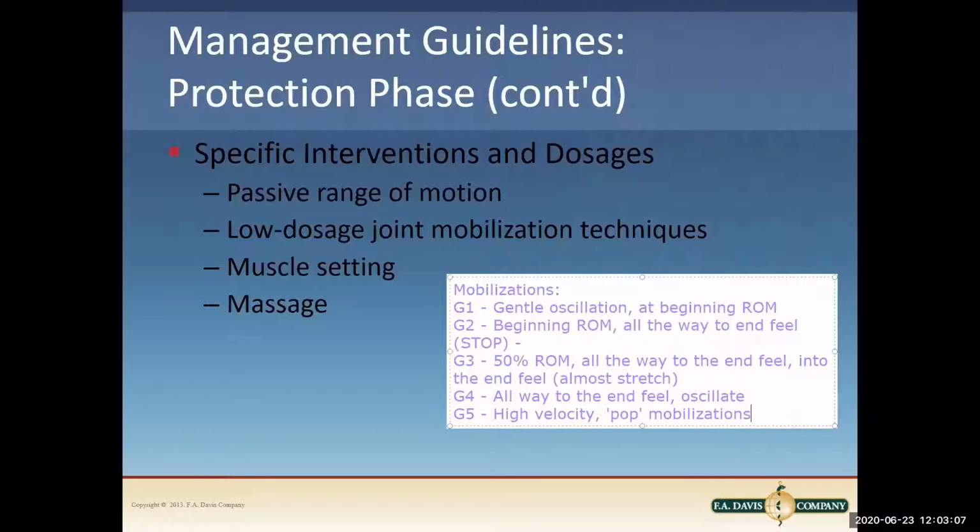Then grade 2s, we go all the way from the beginning to the end, beginning to the end. Grade 3s, we go about halfway into that end feel and back. Grade 4s, go all the way to the end and oscillate again. And grade 5, I've never seen somebody do a grade 5 patellar mob. I imagine that would be painful. They'd get that and go the whole way and kind of snap it. I imagine that would be really painful. Just saying.